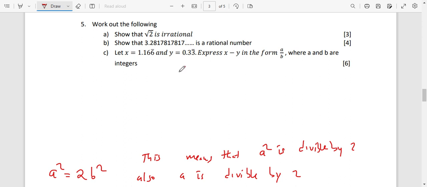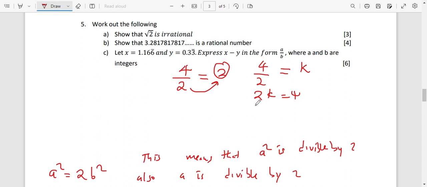Okay, now if I say 4 is divisible by 2, this means that the answer is going to be equal to what? 2. And this tells you that 2 times 2 is going to give you 4. Instead of me saying 2, I'm going to say 4 divided by 2 is going to give you a certain integer k. All right? And this integer k, that is the one we are saying is 2. Mean that 2 times k is going to give you what? 4. I hope you can see this.